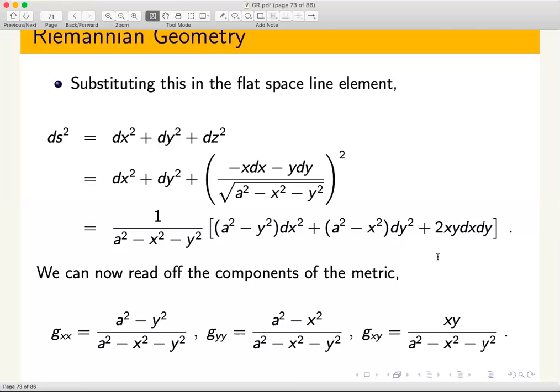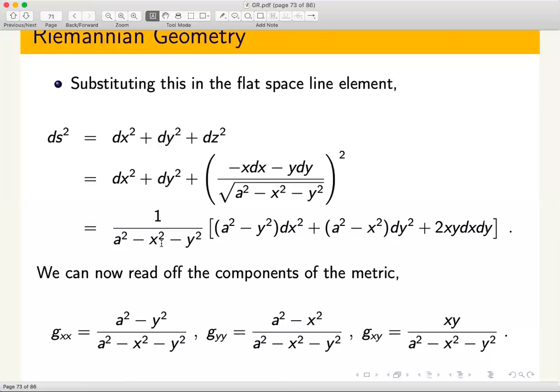Notice another thing: this expression is 2xy dx dy upon a squared minus x squared minus y squared, but I have written gxy to be just xy upon a squared minus x squared minus y squared. The reason we are not writing the factor of 2 is because the expression 2xy dx dy is actually gxy plus gyx, and gyx also has exactly the same form. That shouldn't come as a surprise, because the metric g is supposed to be symmetric, so gxy must be the same as gyx.